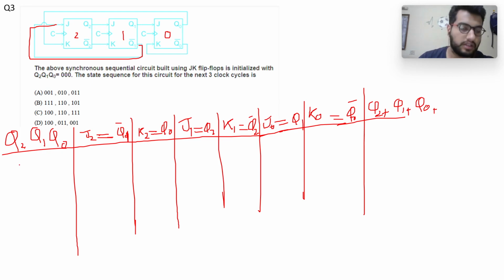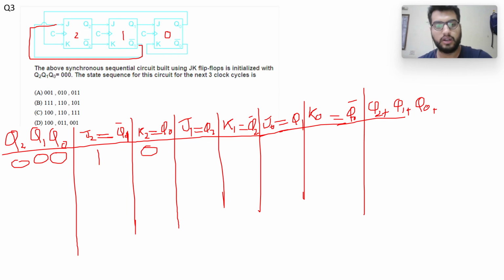So initially our states are 0, 0, 0. So my J2, which is Q1 complement, will be 1, K2 is equal to Q0, which is 0. So my J2 and K2 are 1, 0. So when I have inputs J and K as 1, 0, my next state will be 1.